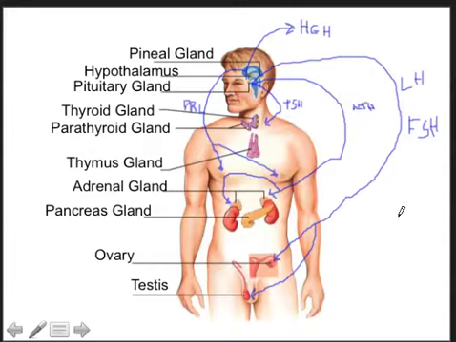Now, on the backside of the brainstem, opposite the pituitary gland, is a gland called the pineal gland. The pineal gland produces a hormone called melatonin, which controls when we're asleep and when we're awake. Melatonin tends to peak during periods when it's dark out, and it tends to decline when it's light out.